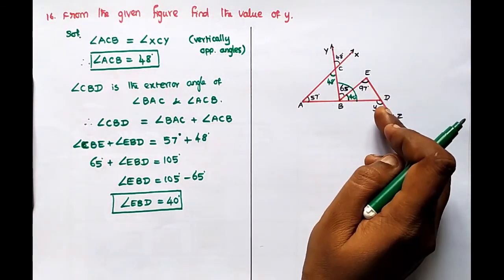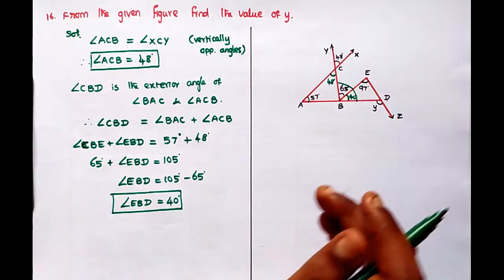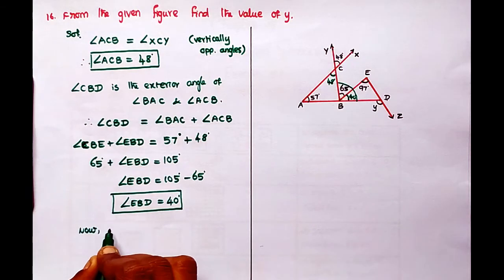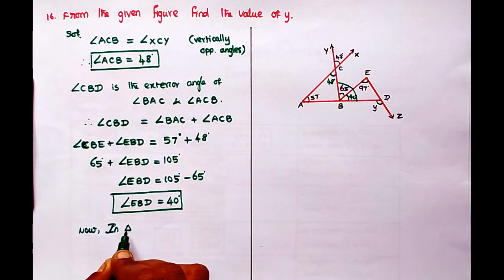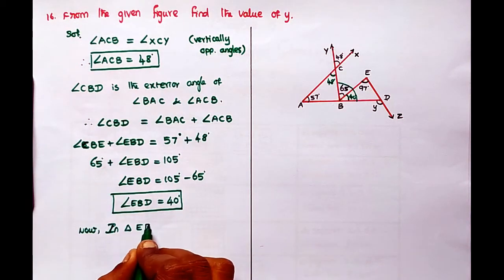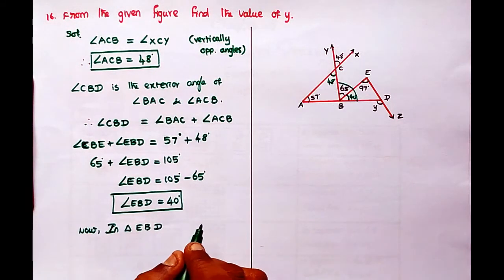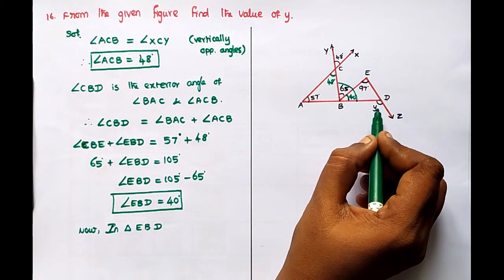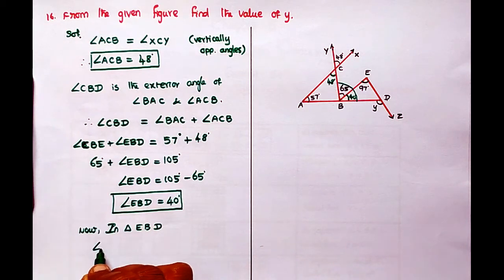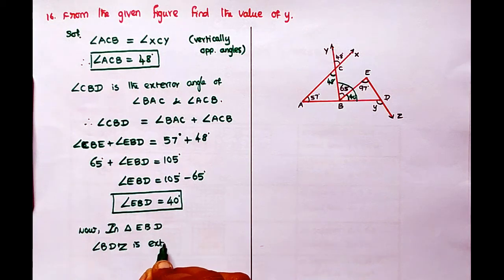Listen, in triangle EBD, which one is the exterior angle? BDZ is the exterior angle. Angle BDZ is exterior to which one?